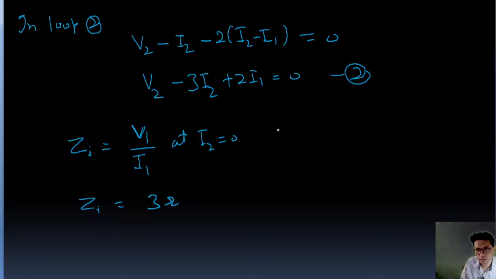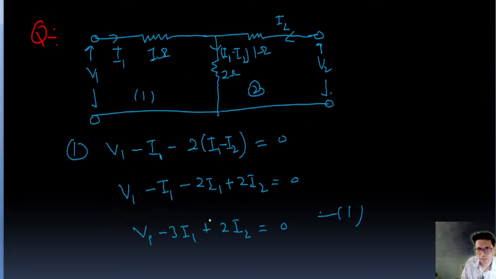Now similarly we'll find zr. So zr is going to be v1 upon I2 at I1 equal to 0, right? So zr is going to be here. In this equation we'll write I1 equal to 0.